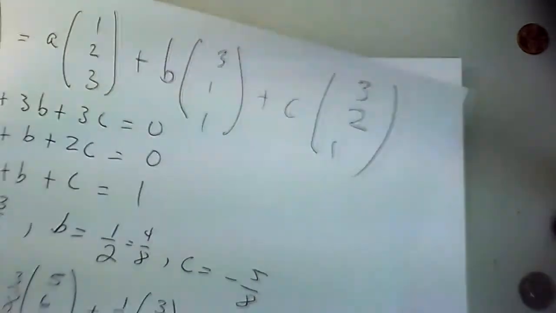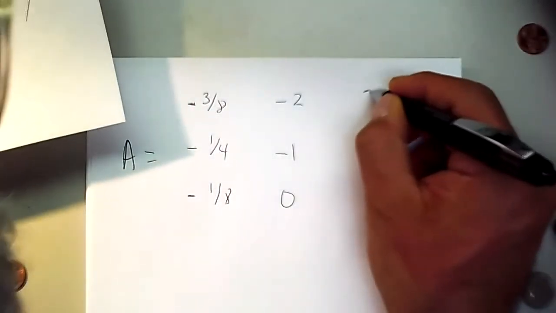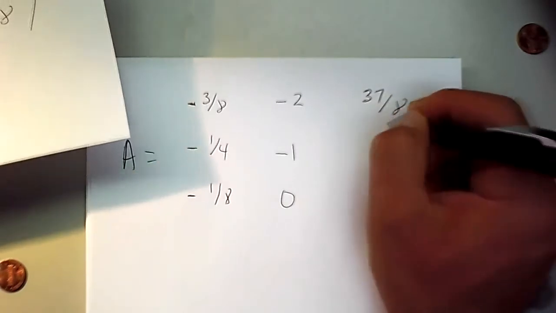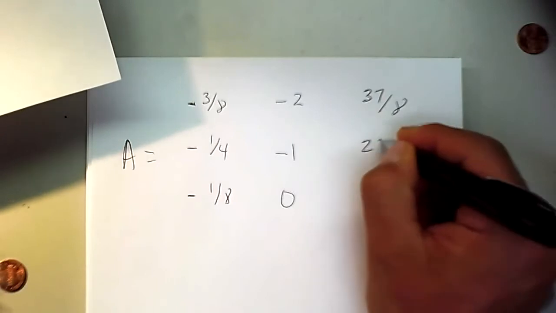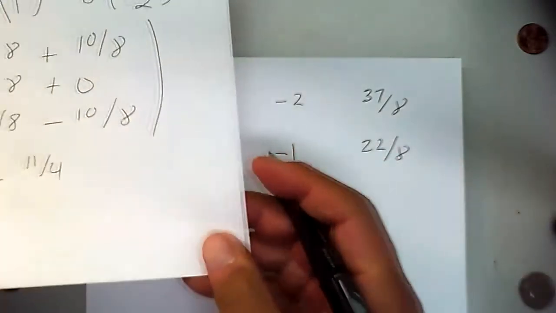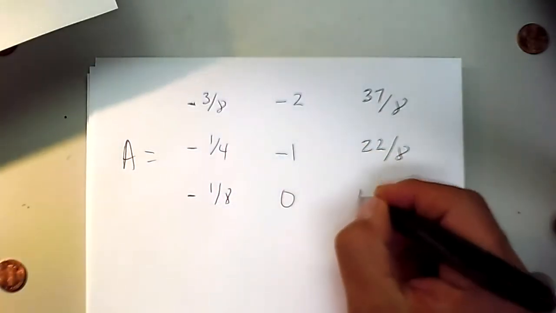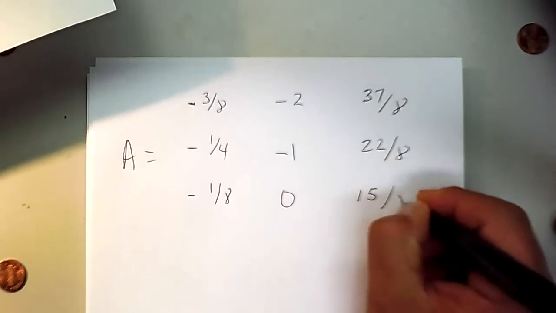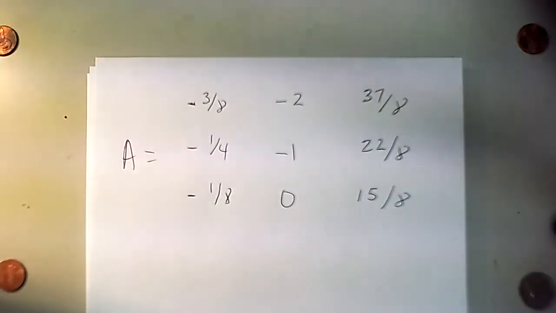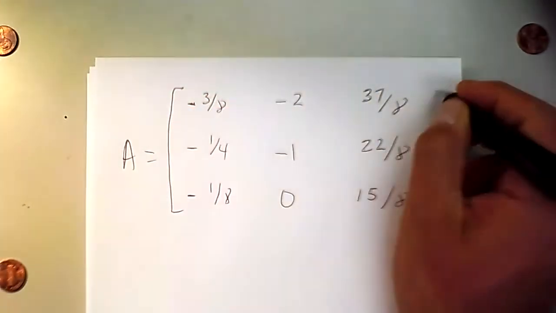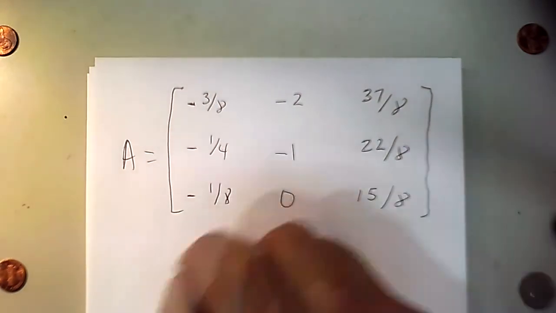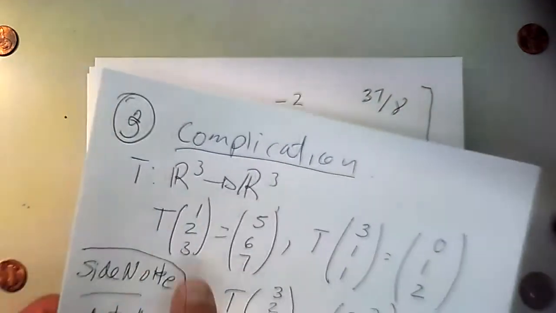The third column, 37/8, 22/8, and 15/8. So that is the matrix corresponding to this linear transformation.